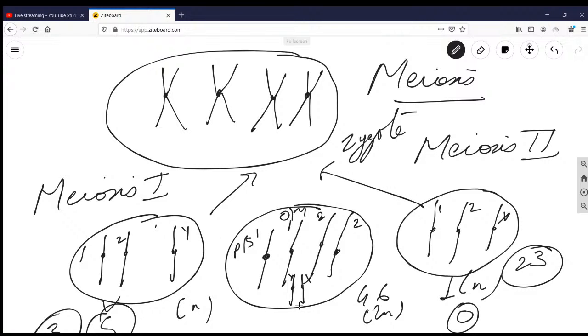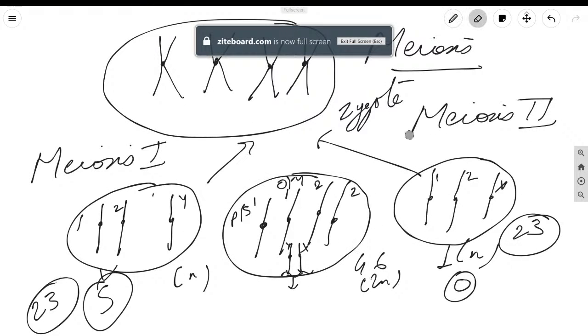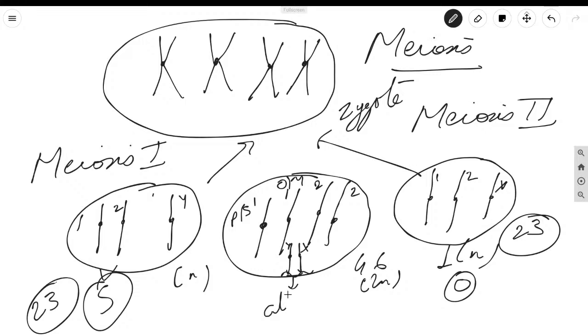This will not be called homologous unless it is X and X. X and Y are never homologous. But all the 22 pairs are autosomal; this pair is the allosome. All the other 22 pairs are known as autosomes.